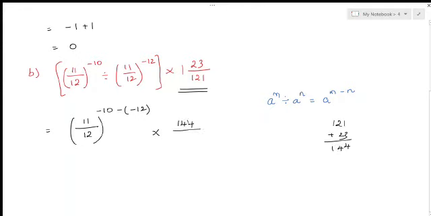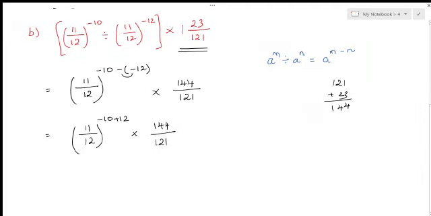144 divided by 121. Now 11 by 12 whole power minus 10 minus into minus is plus 12 into 144 divided by 121. Now 11 by 12 whole power minus 10 plus 2 is 2 into 144 divided by 121.